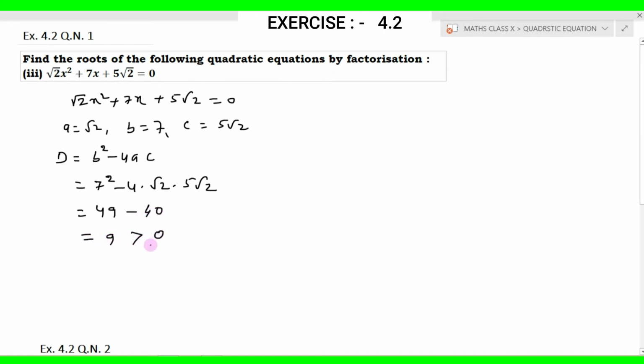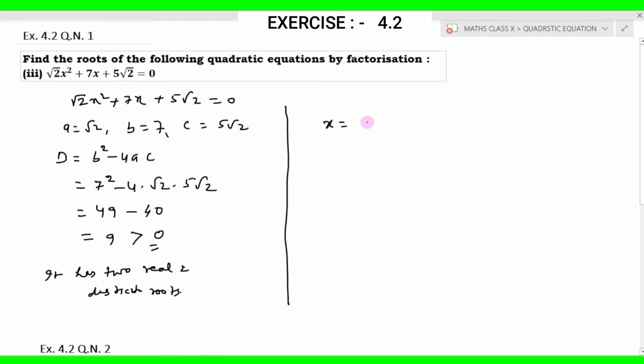So 9 is greater than 0, so it has two real and distinct roots. Okay, so next step, we'll find x equal to minus b plus minus root D by 2a.